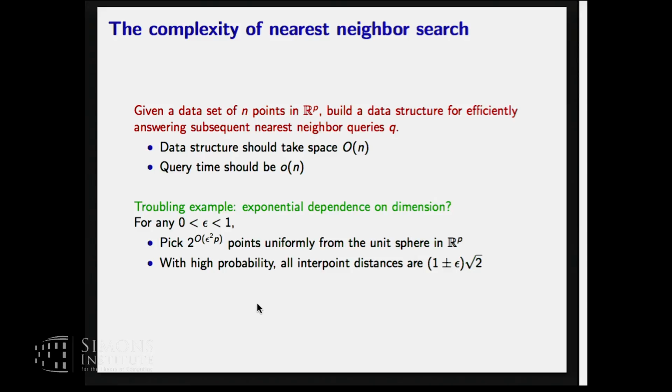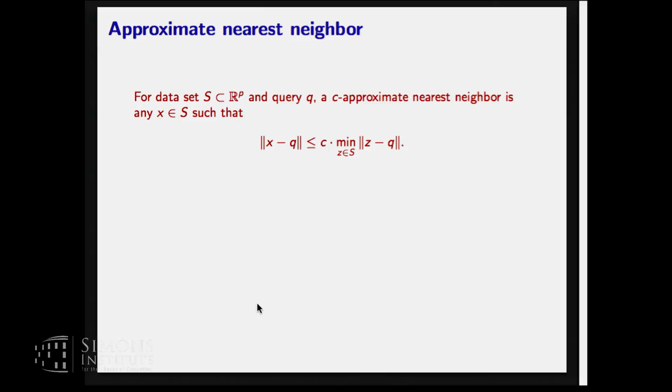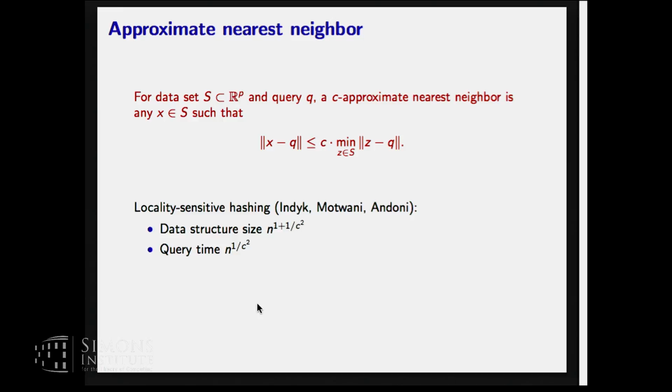Okay? So one really beautiful line of work has been on approximate nearest neighbor, where you say, well, nearest neighbor sounds difficult. What if we just want not the nearest neighbor, but anything that's at most c times as far away as the nearest neighbor? This work was started by Piotr Indyk and Rajiv Motwani, and more recently taken up by Alex Andoni and others, where they show there's this beautiful framework, locality-sensitive hashing, that in Euclidean space lets you get roughly these parameters.